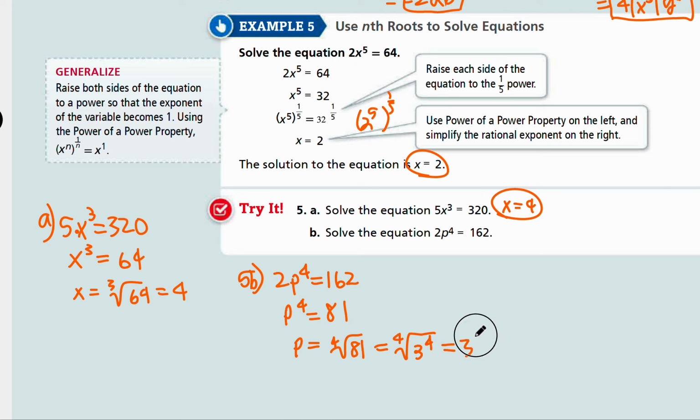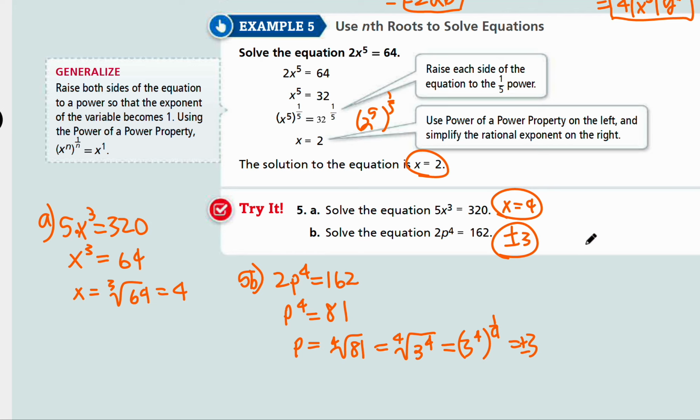And so this is 3 to the 4th power to the power of 1 over 4, and that's just 3. But this could also be plus or minus 3, because if it's positive or negative 3, it should still work, right? Negative 3 times negative 3 times negative 3 times negative 3 is also positive 81. So plus or minus 3.